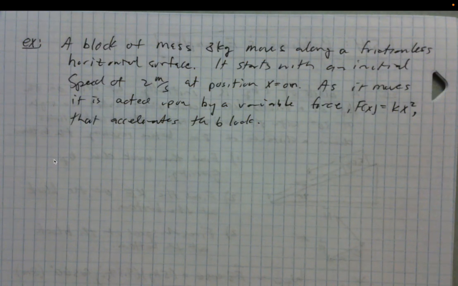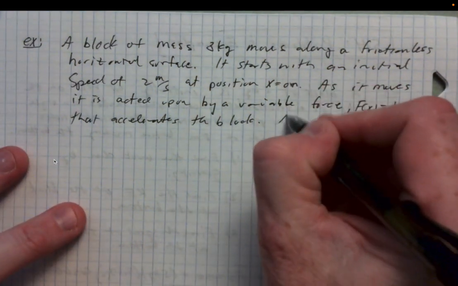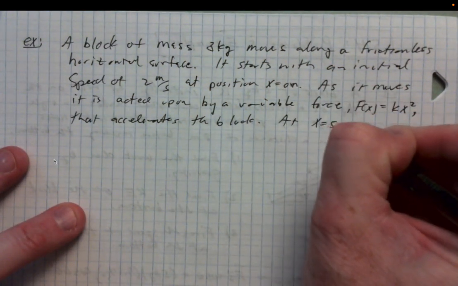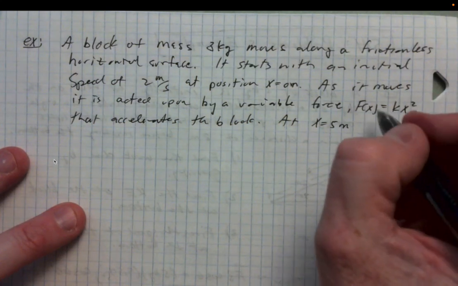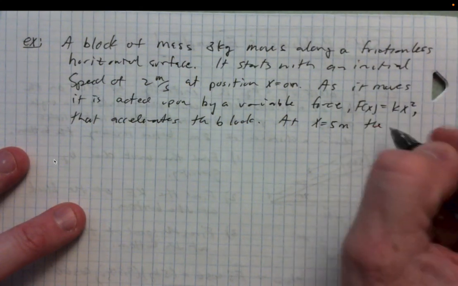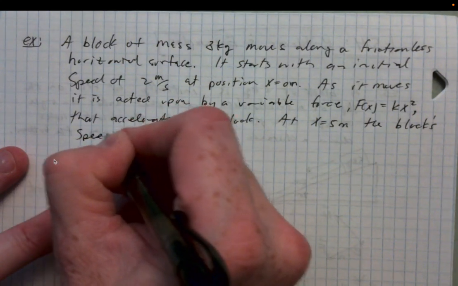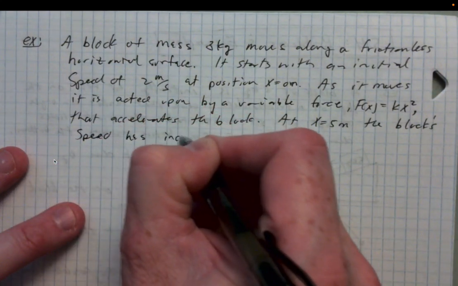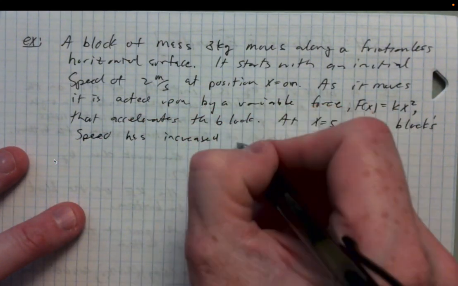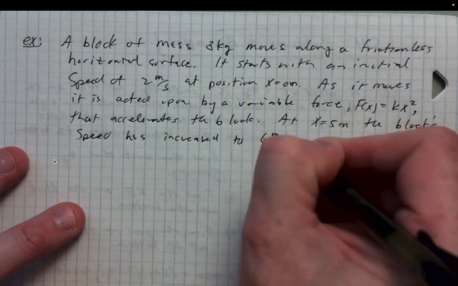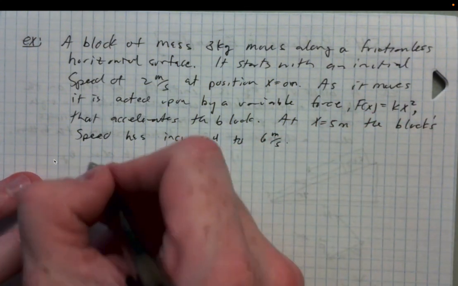And so then what we're told is at x equals 5 meters, the block's speed has increased to 6 meters per second. Two things we're interested in finding here.